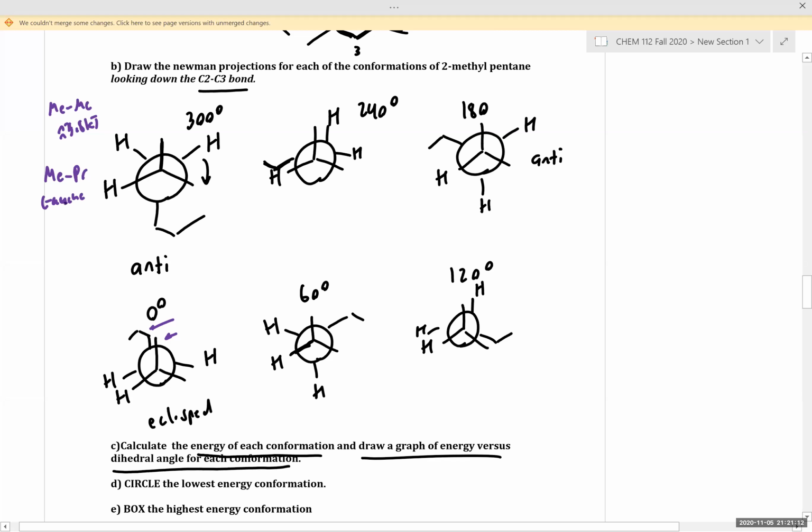If a methyl-methyl is around 3.8, would a methyl-propyl be greater or smaller? Would we expect a methyl-propyl gauche interaction to be larger or smaller than 3.8?